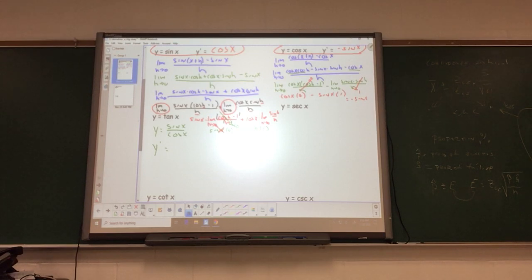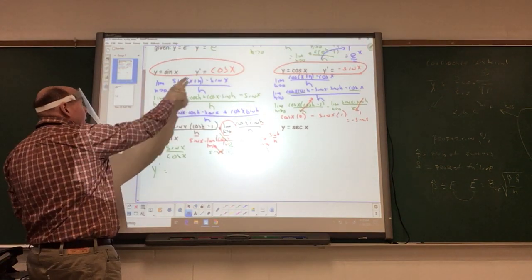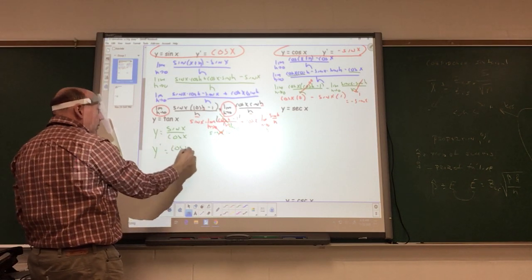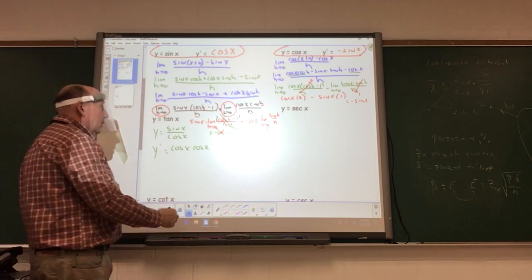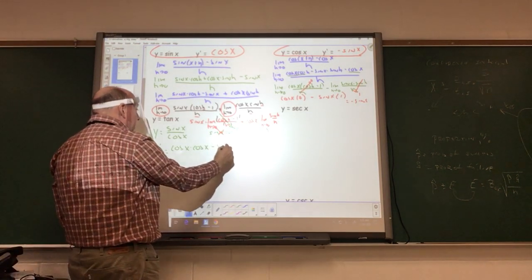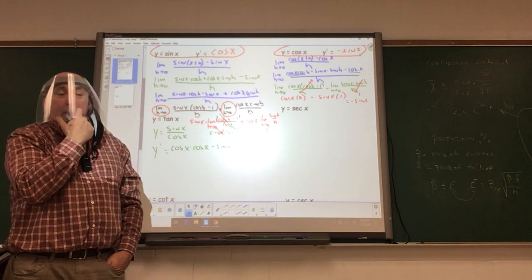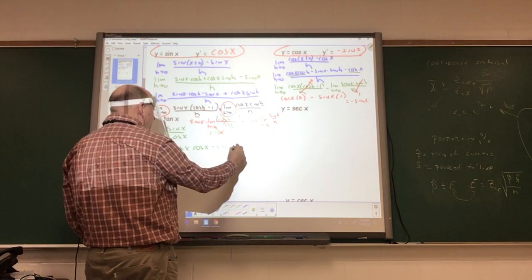So we take the derivative of the top times the bottom. Well, what is the derivative of sine? Well, we just said derivative of sine is cosine. So we have the cosine of x times the bottom, which is cosine of x, minus the top, sine of x, times the derivative of cosine, which is another negative sine of x.